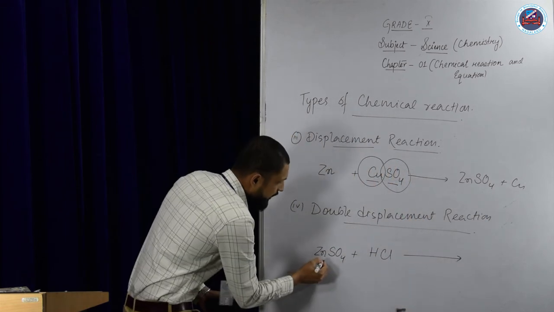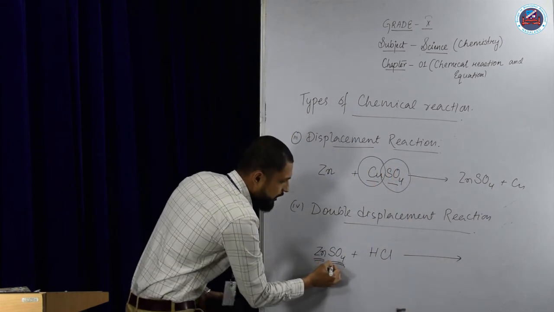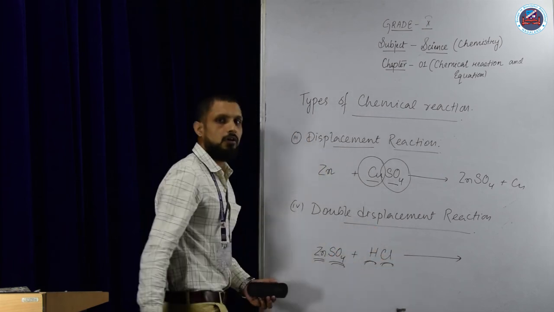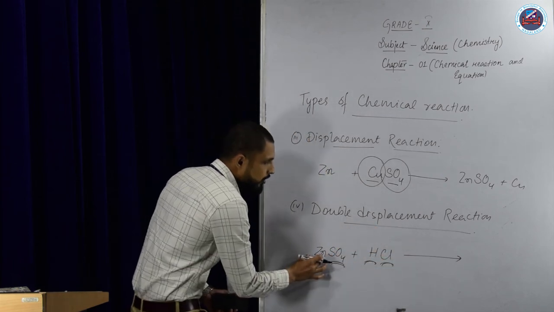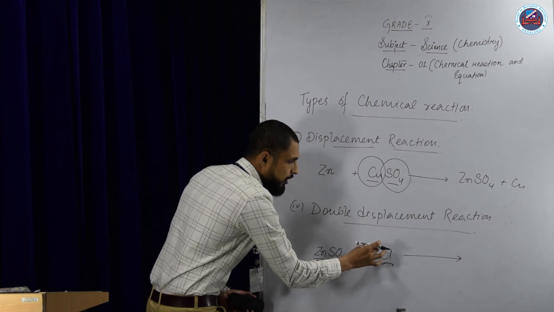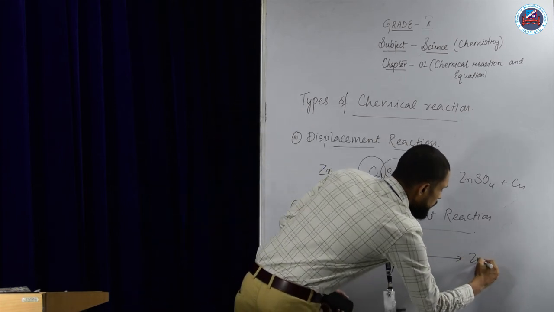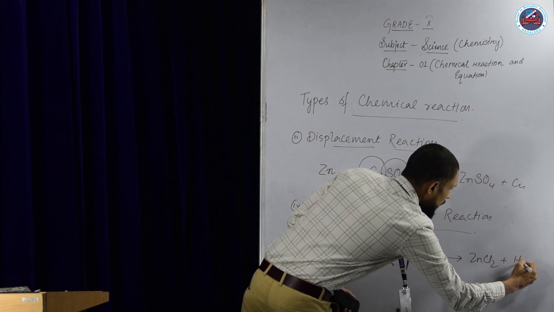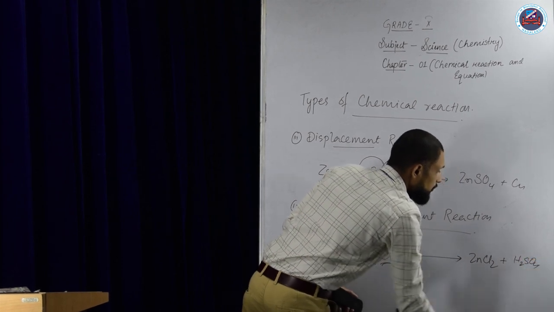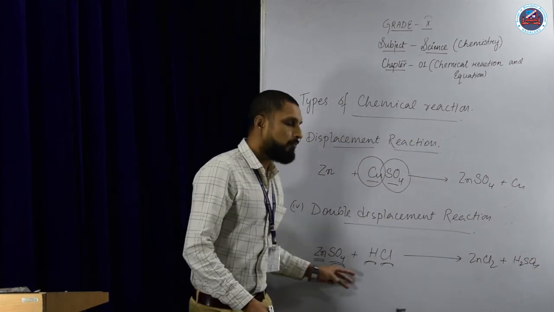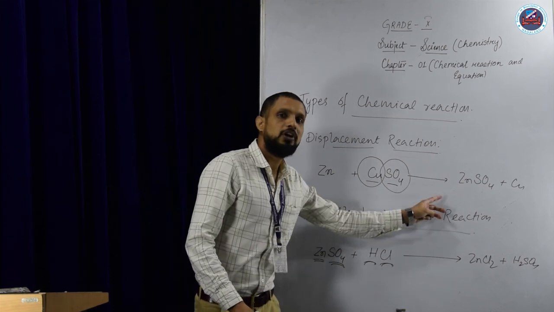Here the cationic part is zinc, anionic part is sulfate. Here the cationic part is hydrogen, anionic part is chloride. So zinc will take chloride, H will take sulfate. So we'll form zinc chloride and hydrogen sulfate, H2SO4, that is sulfuric acid. So this is an example of double displacement reaction.